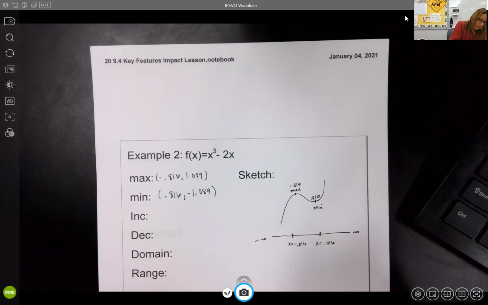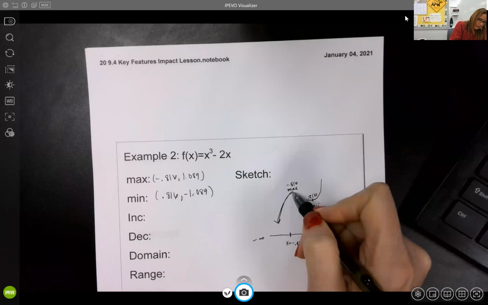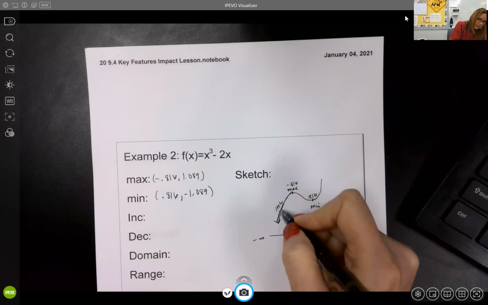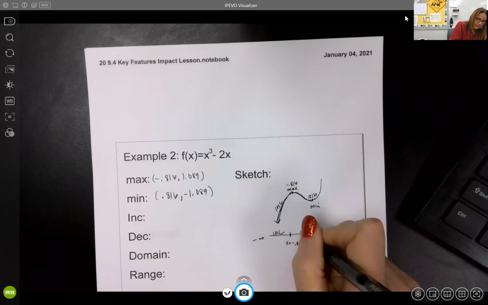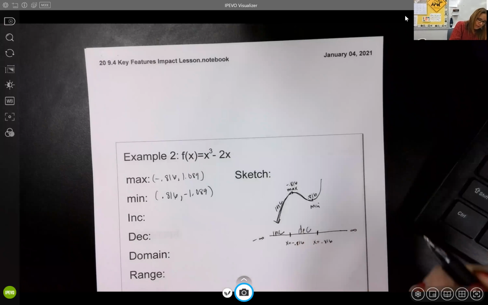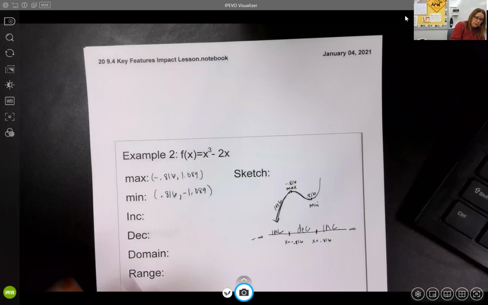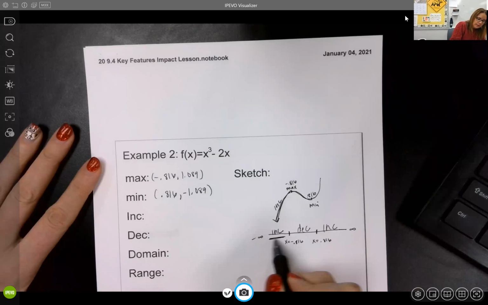So from the beginning of the graph, from here to here, it's going uphill, right? So that's up, so this is increasing. And then between them, it's downhill, so decreasing. And then it's going uphill again. So our increasing is here to here and here to here.